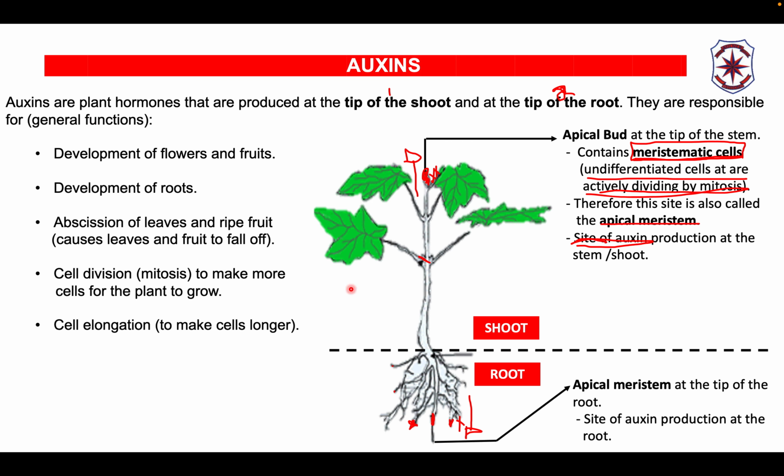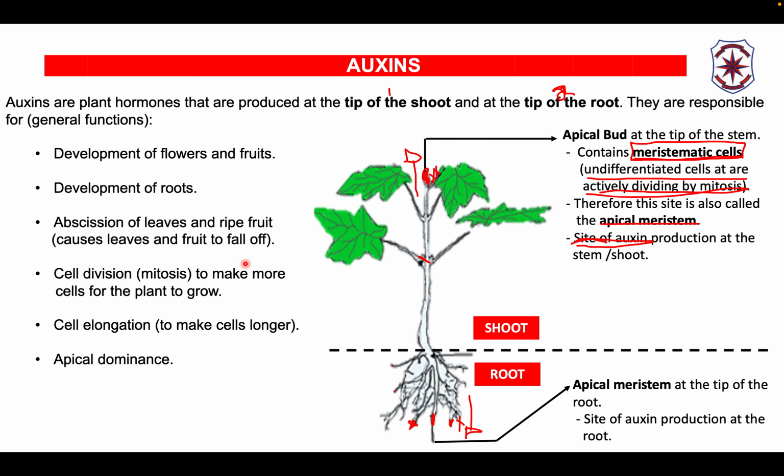So because the stem is made up of cells, if their cells become longer, then the stem itself also will become longer, thus promoting stem growth. And then auxins are responsible for apical dominance.